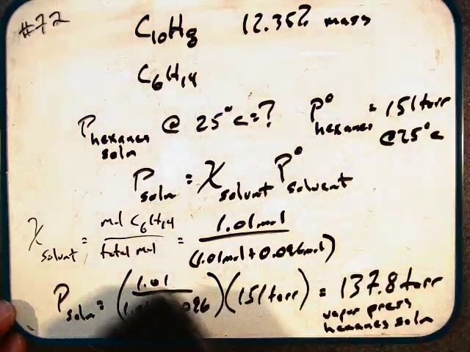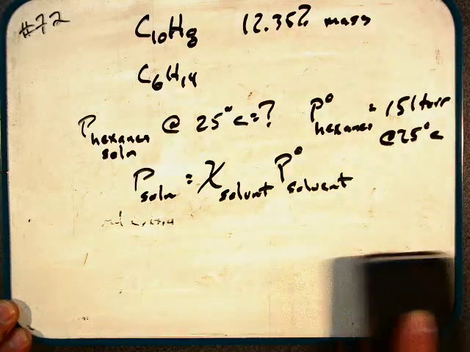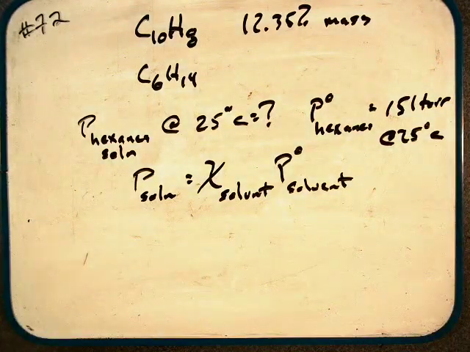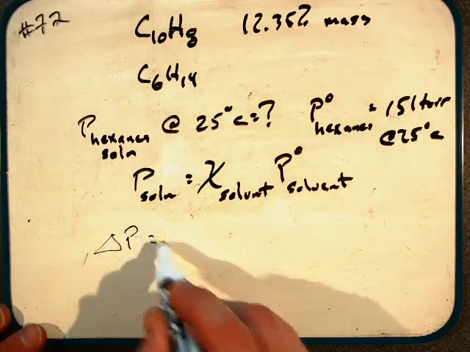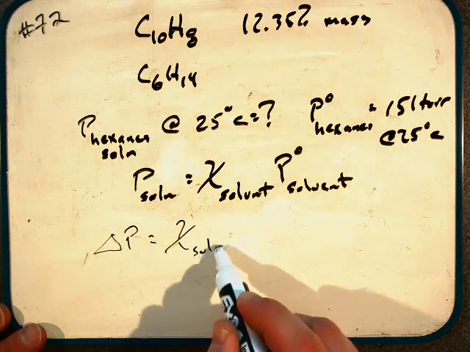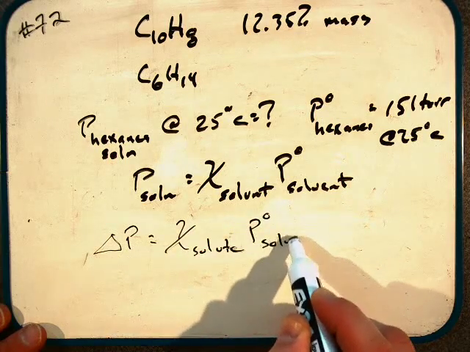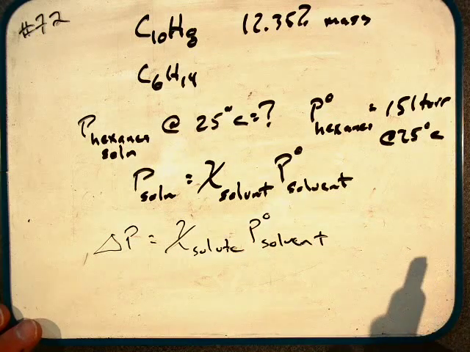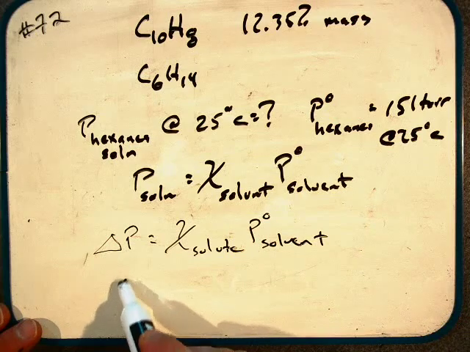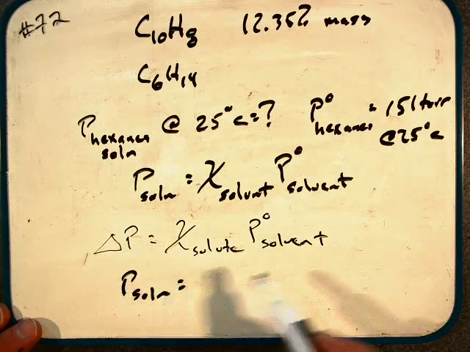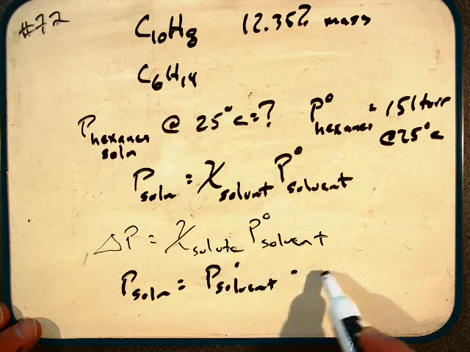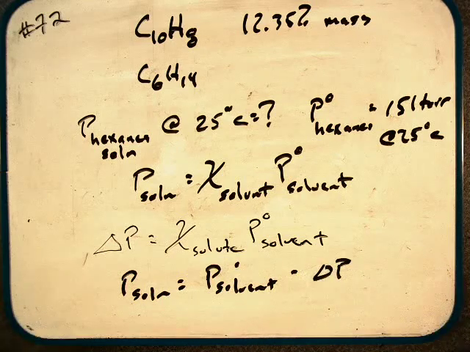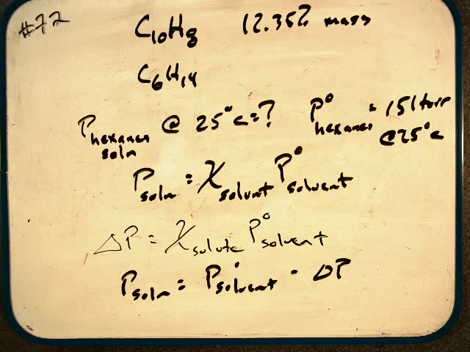So alternatively, instead of using this equation, you could have also solved for the vapor pressure lowering and gotten a delta P, and then solve for the pressure of the solution, which would equal the pressure of the solvent minus that delta P. That would be another way to go about that. You should get exactly the same answer, and that is number 72.